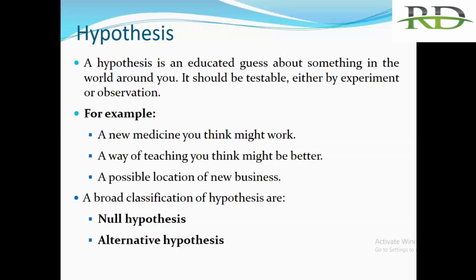That is called null hypothesis. So always remember, null hypothesis is hypothesis of no difference. On the other hand, we have an alternative hypothesis, which is just the opposite of the null hypothesis. Always remember that hypotheses occur in pairs. You will have a null and an alternative hypothesis.